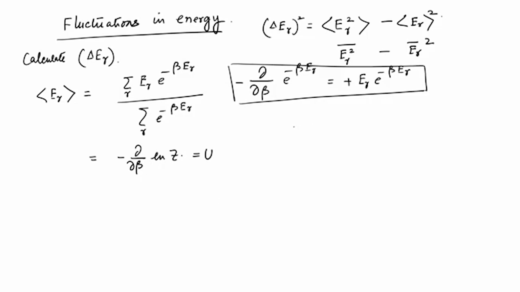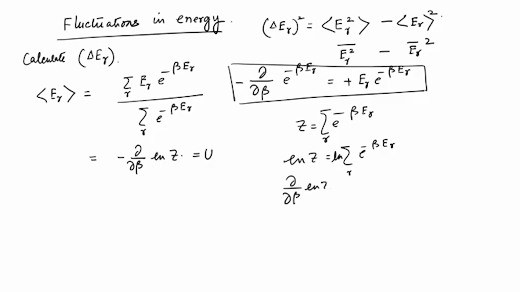And you see that Z is equal to the sum over r of e to the power minus beta E_r. If you take a log of that, and now you take a del beta of log Z, you get exactly what you want, because the log will bring the exponent down.